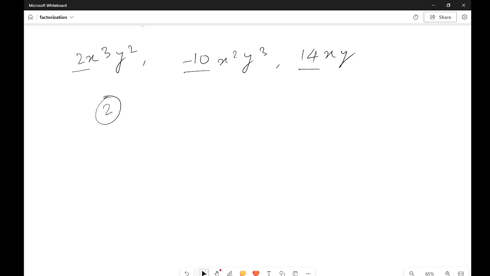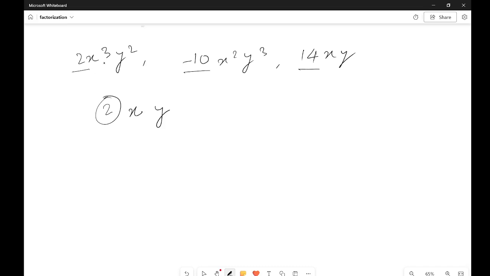Okay, now the x and y expression. All three expressions have x, and all three expressions have y too. So I will write x and y, but I don't know what the power will be, whether x square or x cube or y cube, right? So let's see.